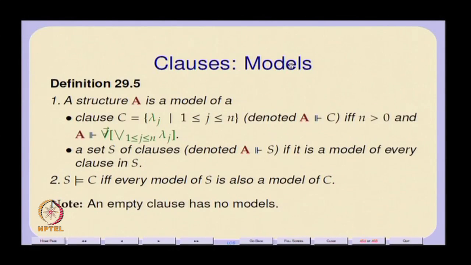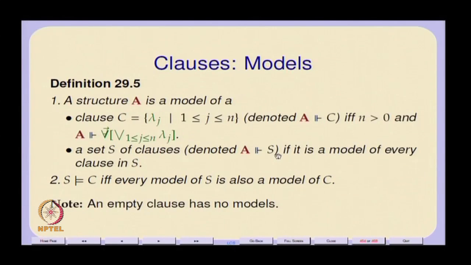The second is let's look at models of clauses. So a structure A is a model of a clause C, and we will denote it thus, if and only if the universal closure of the disjunction of literals in the clause has A as a model, right. Notice that a clause is a set of literals and we implicitly regard it as a disjunction, as an OR of all the literals. Okay.